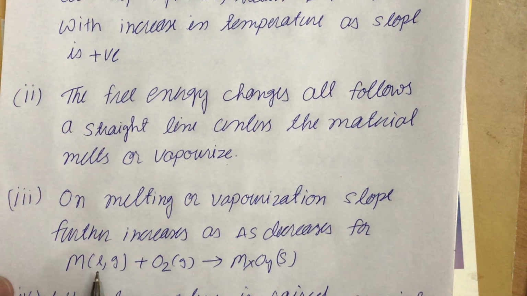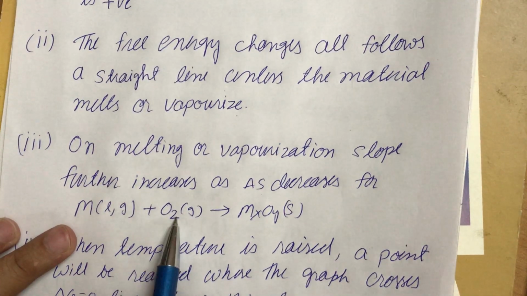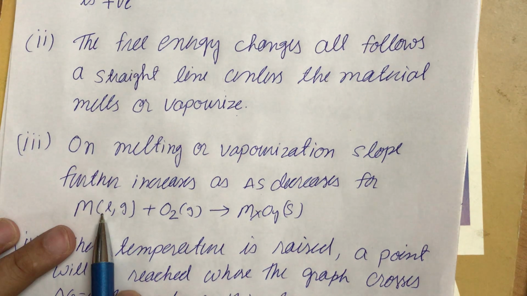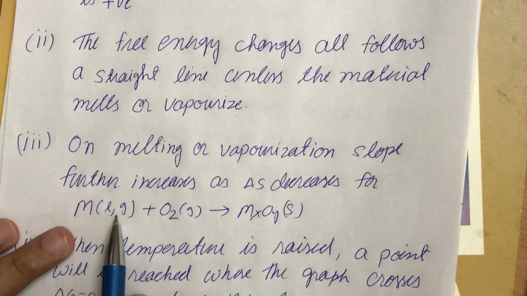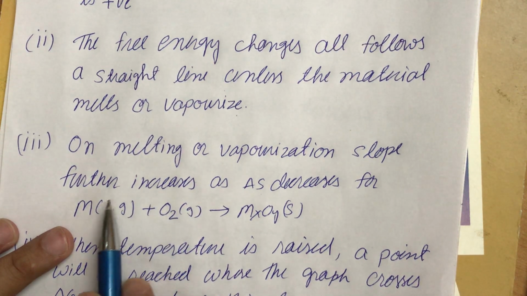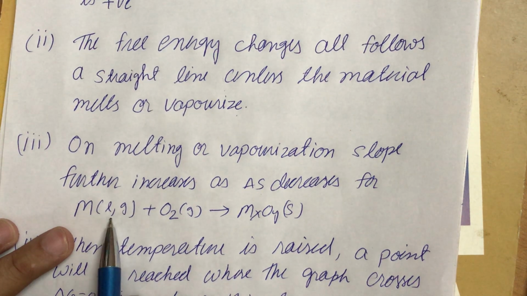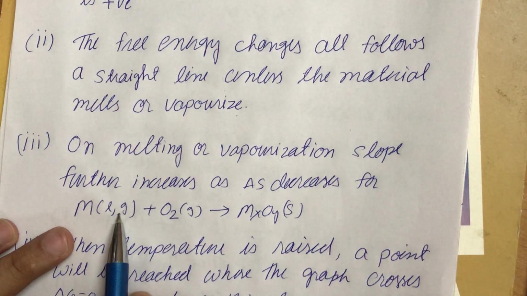See, initially this metal is present in solid form. When it reacts with the gas O2, it gives metal oxide in the solid form. When we increase the temperature, this metal can be converted into liquid form or gaseous form. So when it converts into liquid form, again the delta S becomes more negative because liquid has more entropy than solid.